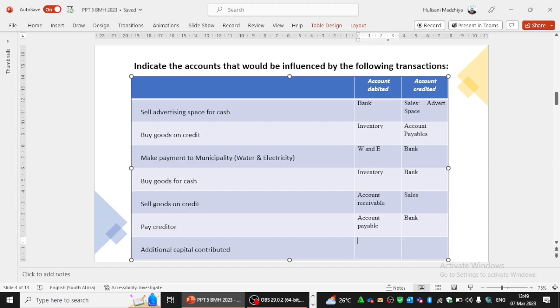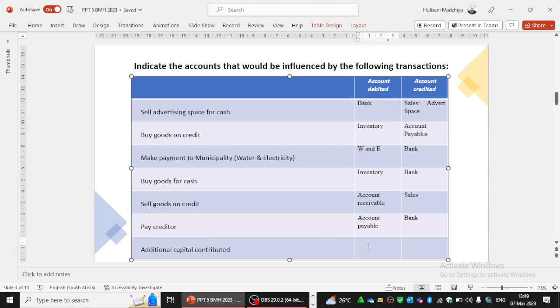And then once we refer to capital contribution, whether it's the first contribution or additional capital contribution, bank is going to go up and the capital account of the person depositing the money into the business will also go up, to show that this person has invested this much within the business and this is their current balance.